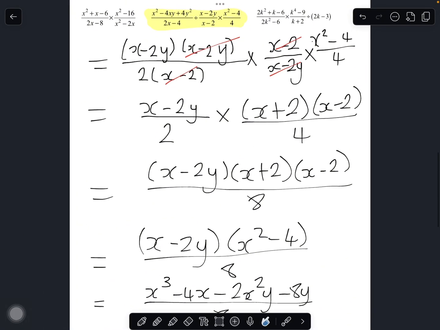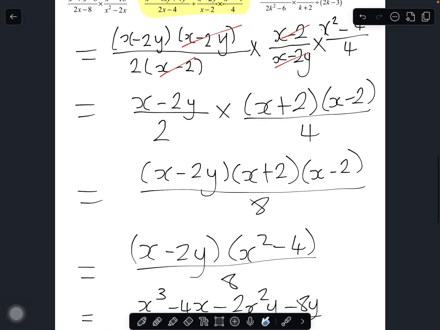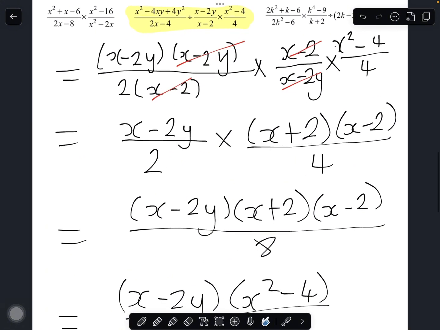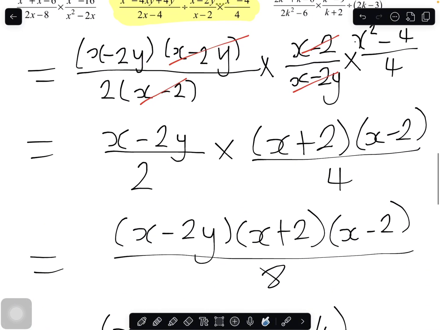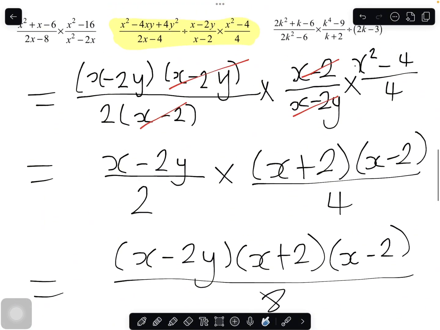So let's just go over these steps again so you guys understand. We had our question here. We first factorize. We factorize into x minus 2y over 2 into x minus 2. That's all correct. We applied the reciprocal, so we changed from division into multiplication and swapped the two terms around, our numerator and our denominator.